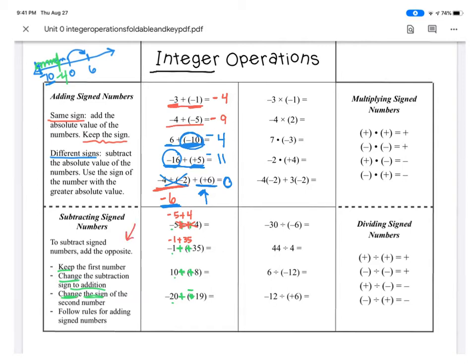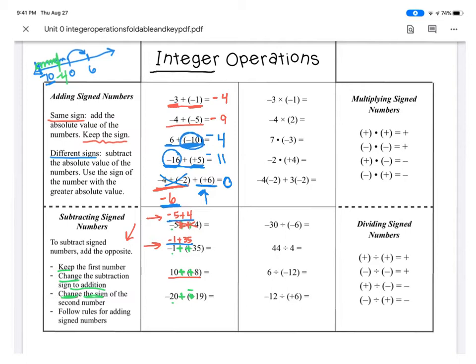Okay, so when my signs are the same, I can add them together. My first problem here, my signs aren't the same, so I'm going to underline in blue, okay? My second problem here, my signs are not the same, so I'm going to underline in blue and use the rules up above. My next problem, I have now a positive and a positive.